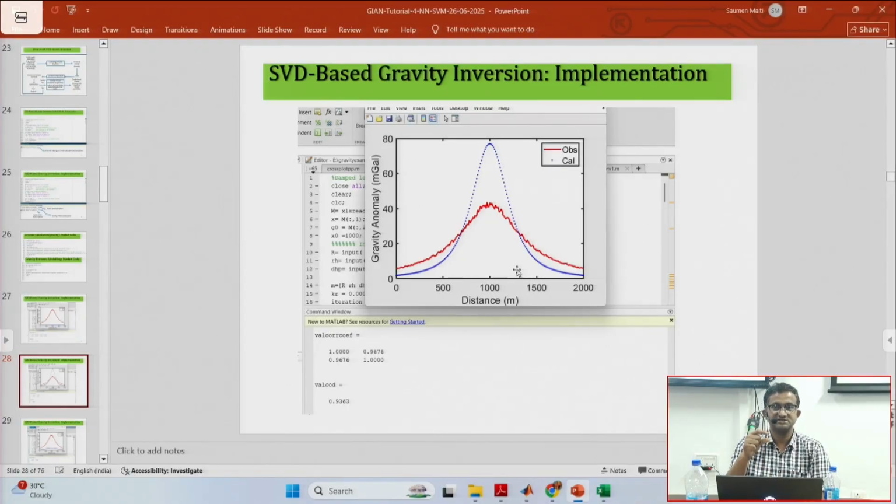Density contrast and depth, both cannot be resolved uniquely at a time. We can only be certain about their product, the multiplication of these two parameters, but not individually.